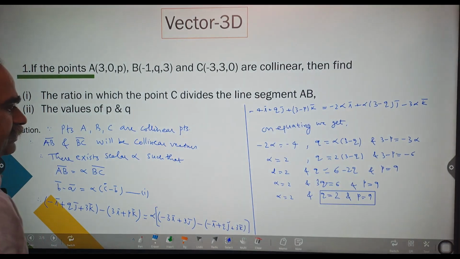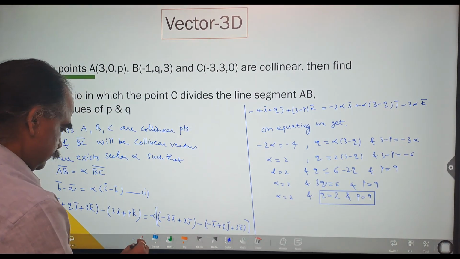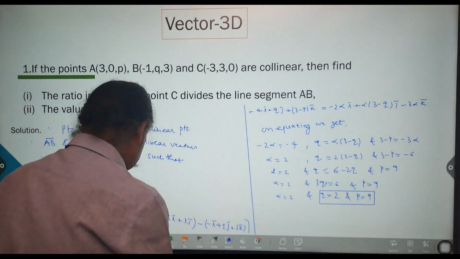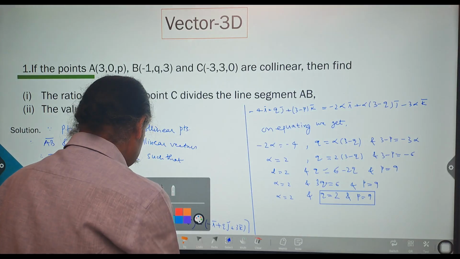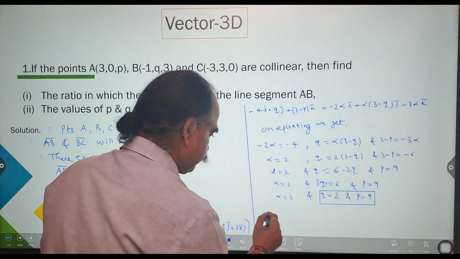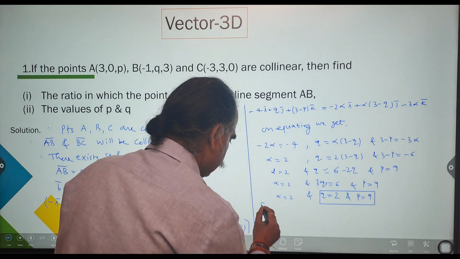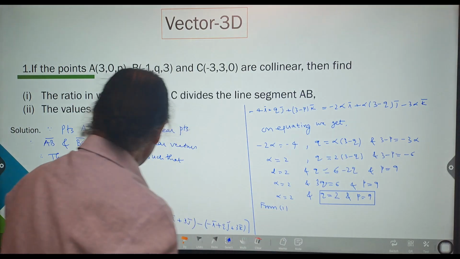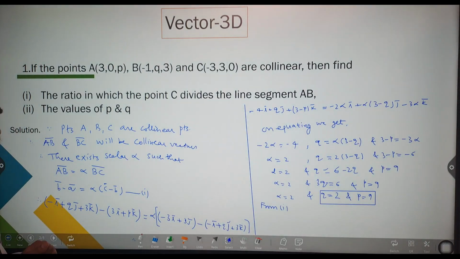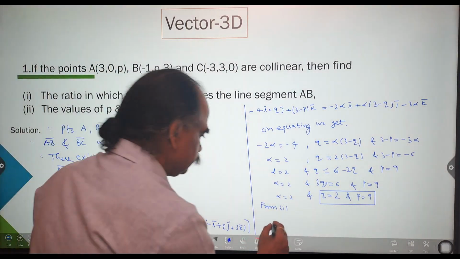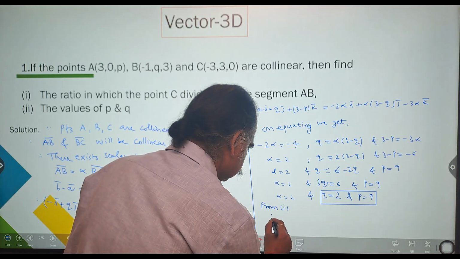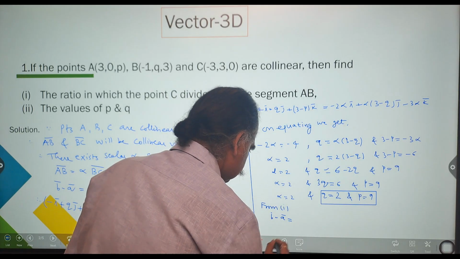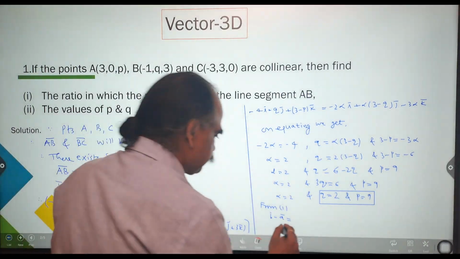From equation number 1, B bar minus A bar is equal to 2 times (C bar minus B bar).